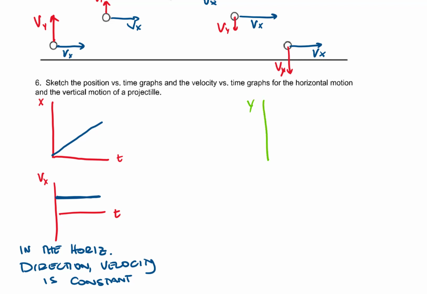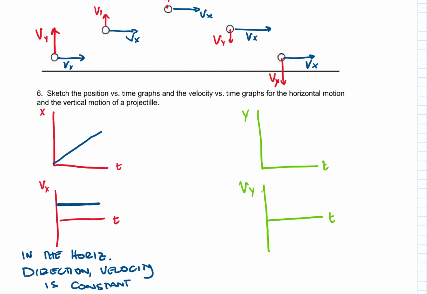But if we go to the vertical direction and we look at what's happening in the y direction, and we look at the velocity in the y direction as a function of time. So here we start off with positive velocity in the y direction. We get to 0 velocity in the y direction, and then we get to negative velocity in the y direction.